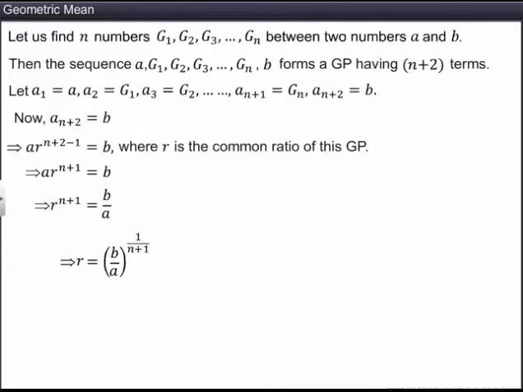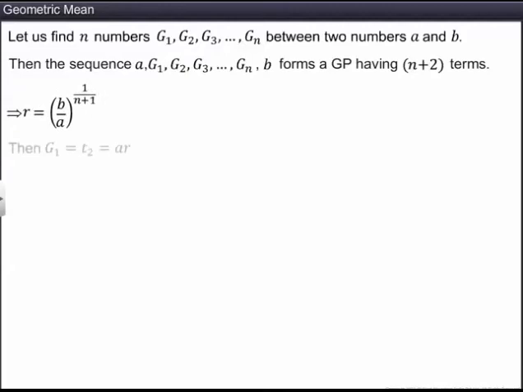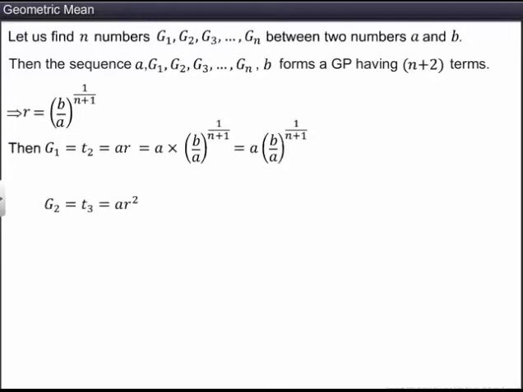Substituting the value of r, we get a into (b upon a) whole raised to the power of 1 upon n plus 1. G2 is the third term, which is given by a into r square. Substituting the value of r, we get a into (b upon a) whole raised to the power of 2 upon n plus 1.